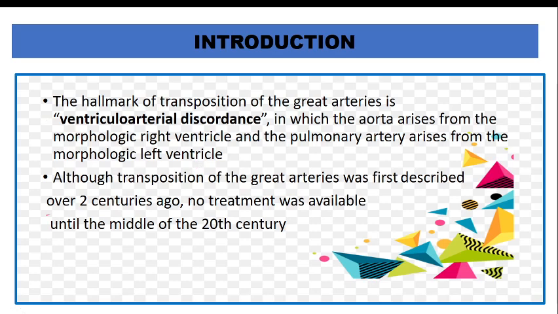The starting point is now defective. Aorta is arising from right ventricle instead of left, and pulmonary artery is arising from the left ventricle instead of right. So this was described over 2 centuries ago. That is 200 years ago, people knew about this transposition of great vessel. But no treatment was available until the middle of 20th century.